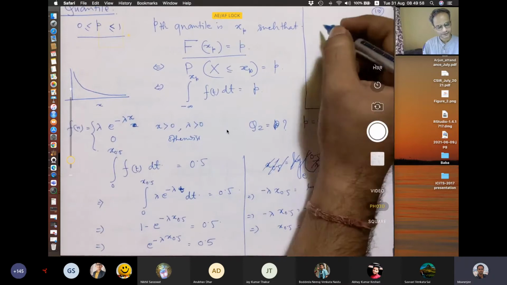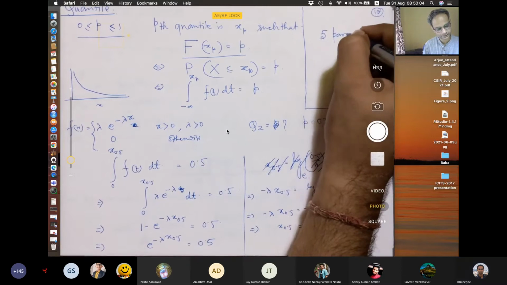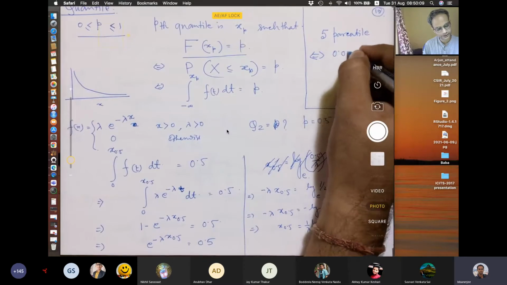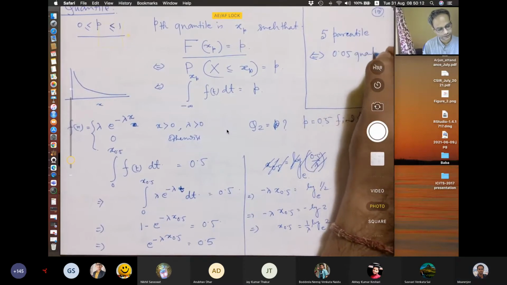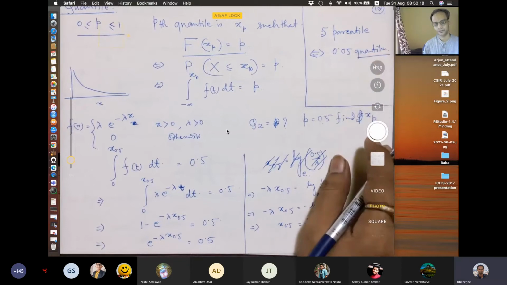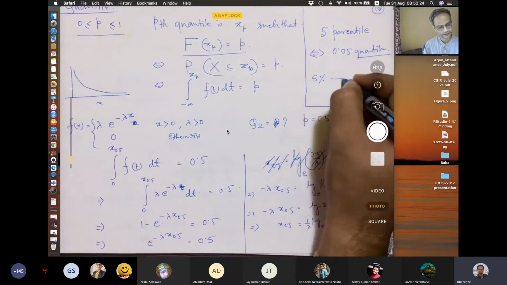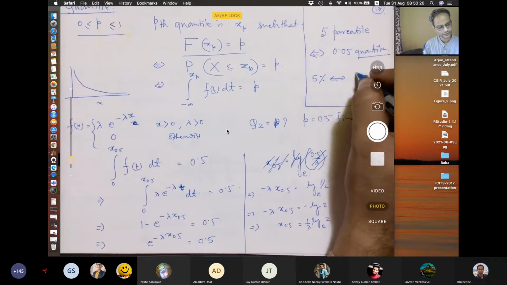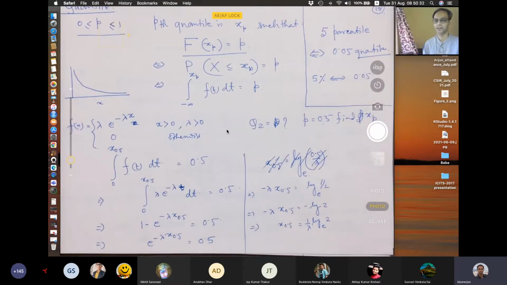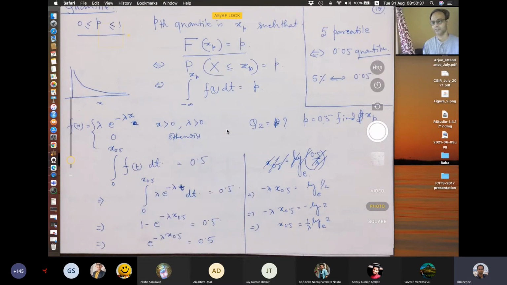So if I say 5 percentile, that is equivalent to 0.05 quantile. 5% in probability is 0.05. So you have to convert it. If you are given 5 percentile, make it quantile and then you go by this. As simple as that. Any doubt?